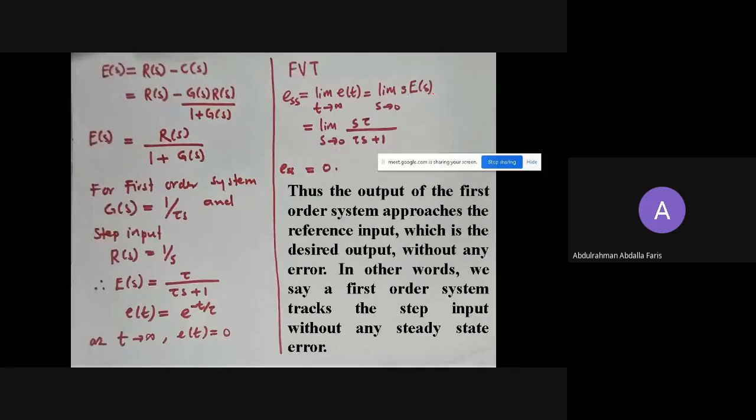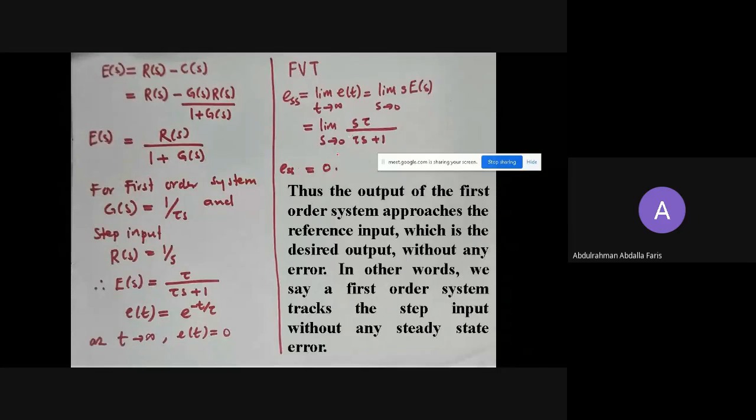Remember, we did this last week. Applying the final value theorem, you multiply by s and set s to 0. You end up with e_ss also equal to 0.